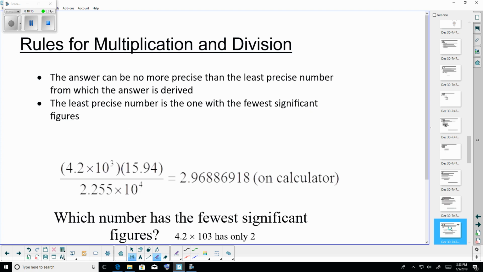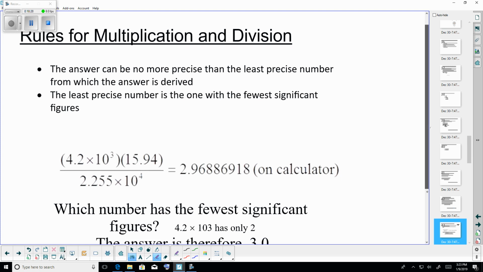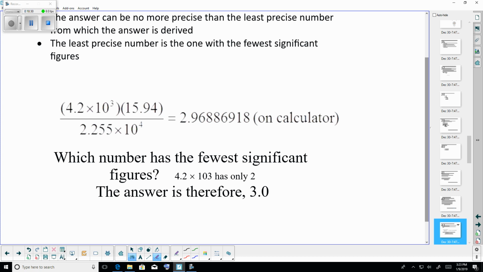For multiplication and division, the answer can't have any more significant figures than the measurement with the fewest significant figures. So here we have 4.2 times 10 to the third times 15.94 divided by 2.255 times 10 to the fourth. And you do this all on your calculator, and this will just get 2.96886918.